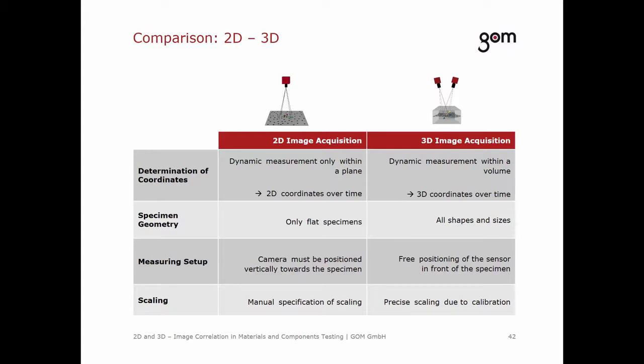The measuring system can be set up flexibly. It is also a robust system that is not as prone to errors as 2D. And you can also analyze displacement precisely. Due to the calibration, the images are automatically scaled.